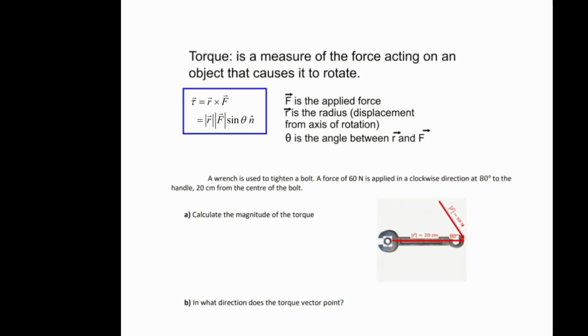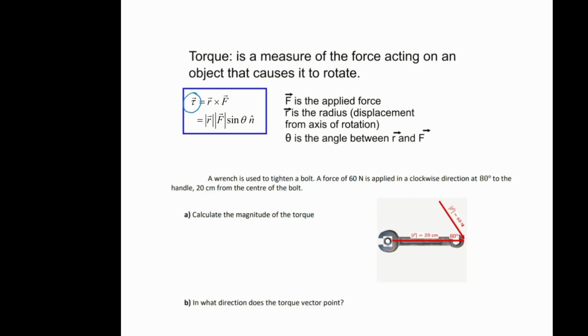So think anytime you pull on a door handle, that's a lever, anytime you turn a wrench around a bolt of any description, you are causing torque. Now, torque is represented by the Greek letter T, which is the Greek symbol tau, and torque is measured in Newton meters or in joules if you want, but in Newton meters.